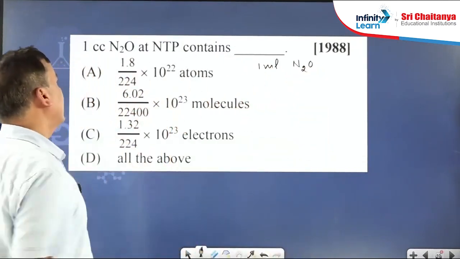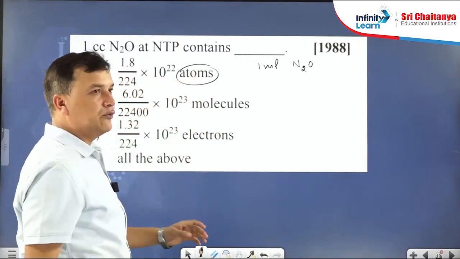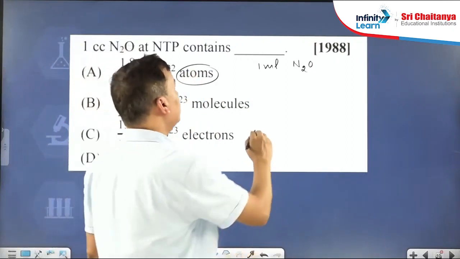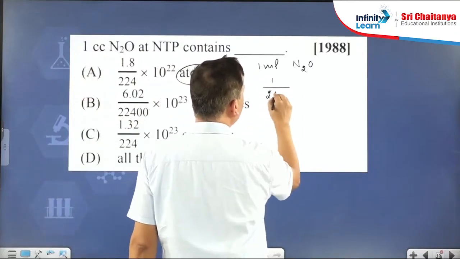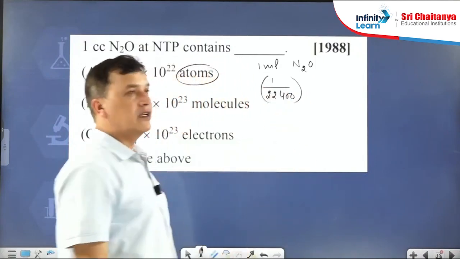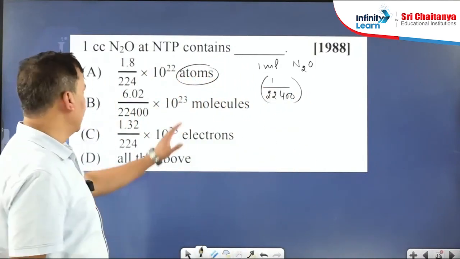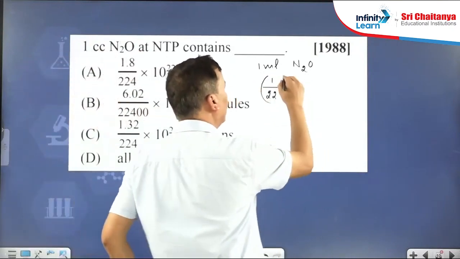So it contains, in the first option, we have to find the atoms. First of all, what do I have to do? Change 1 ml into moles: 1 upon 22,400. These are the number of moles. First of all, whatever is given has to be changed into the number of moles.